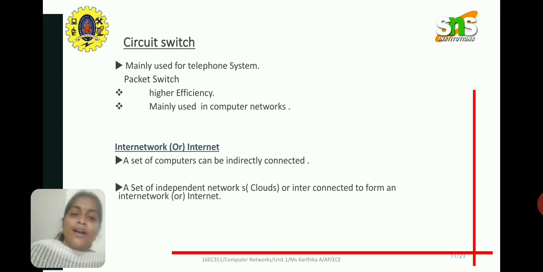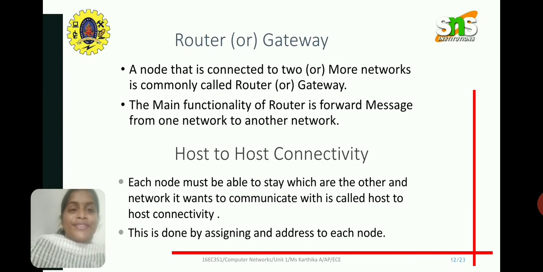What is an inter-network or internet? We know that a set of computers can be directly connected. A set of independent networks or clouds interconnected together forms an inter-network or internet. What is a router? A node that is connected to two or more networks is commonly called a router or gateway. The main functionality of a router is to forward messages from one network to another network.